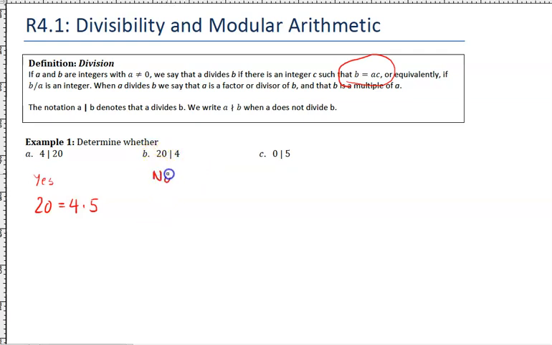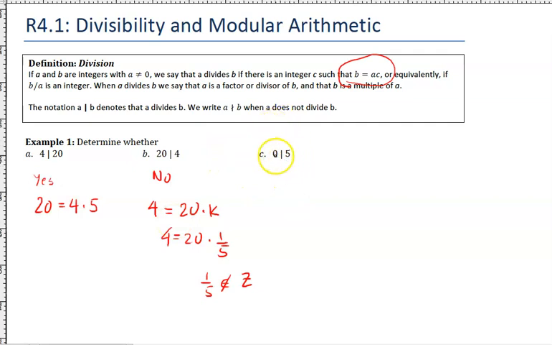The answer here is no, because I would need 4 to be 20 times an integer, and this is not possible. Well, 20 times 1 over 5 gives me 4, but 1 over 5 is not an integer. So 20 does not divide 4.